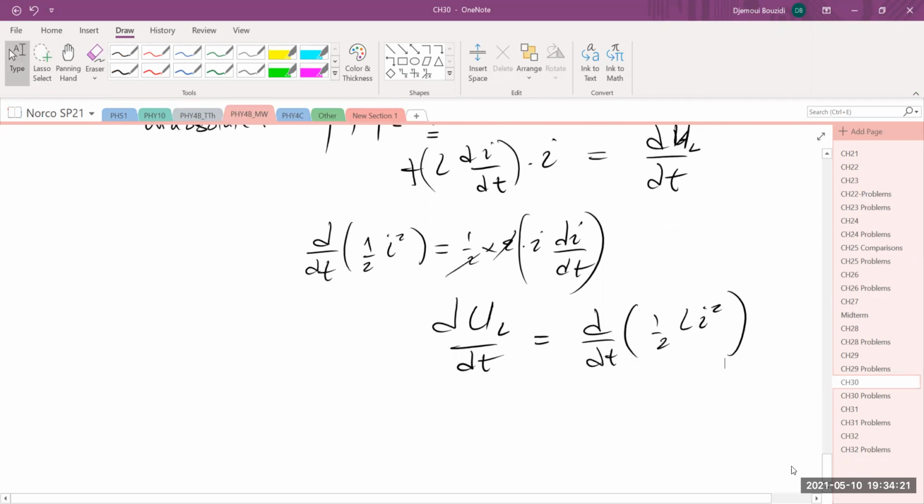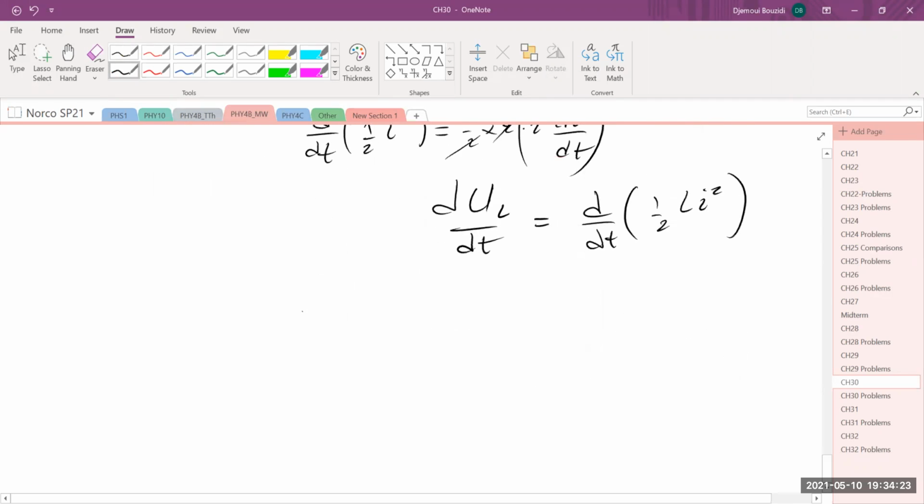So that suggests, if I integrate both expressions, that the energy inside an inductor is going to be equal to 1/2 of L I squared.